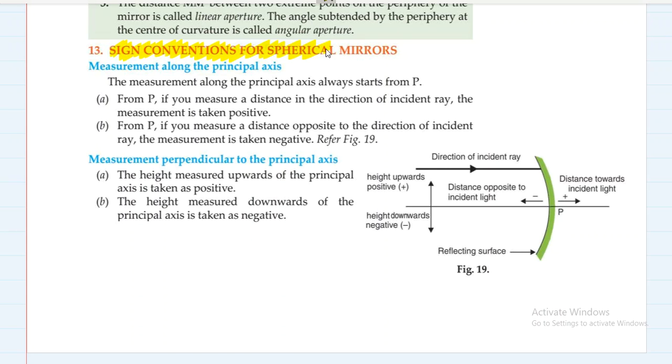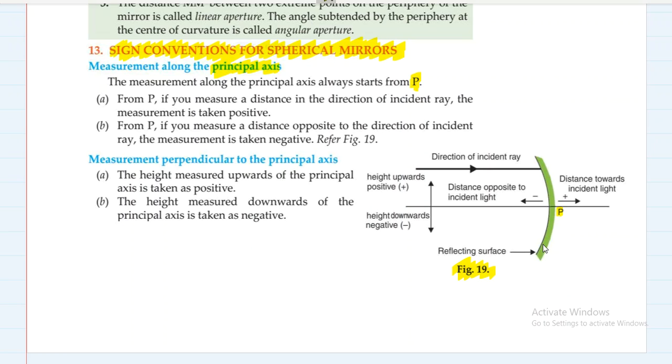For spherical mirrors, for understanding and remembering sign conventions you have to make this figure. ठीक है. Number 1, measurement along principal axis. So what are the sign conventions for measurement along principal axis? The measurement along principal axis always starts from P. P दिख रहा है तुम्हें यहाँ पे? P is the pole.